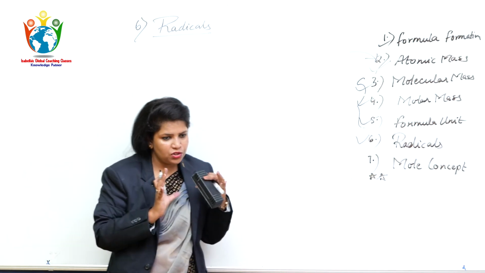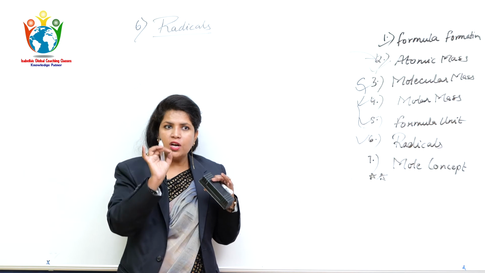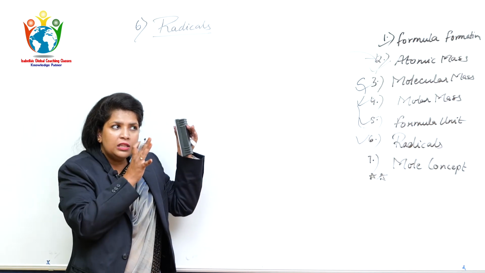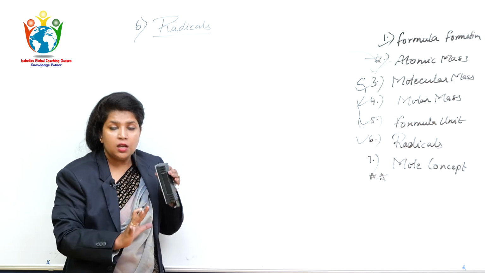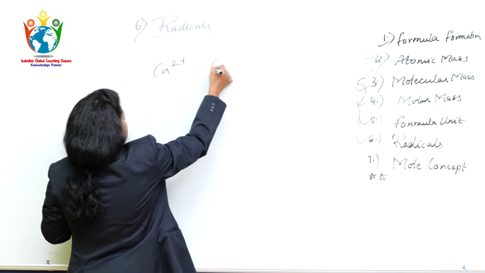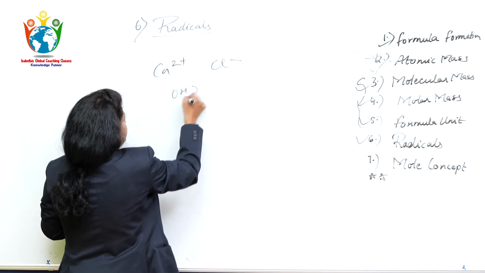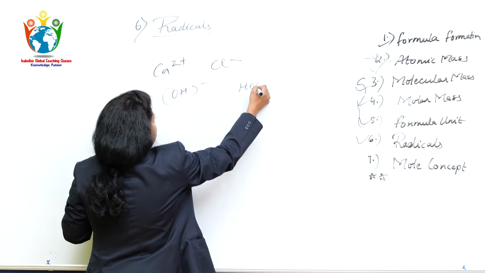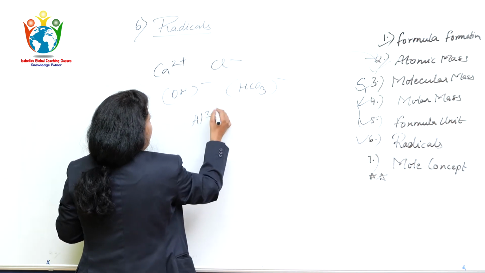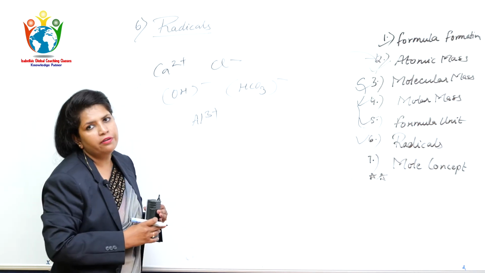So you can imagine I have already given you the charge with the element. Those monovalent cations and all of these which I have given to you are all radicals. That is Ca2 plus, Cl minus, OH minus, HCO3 minus, Al3 plus. Anything which is given with a charge is your radical.